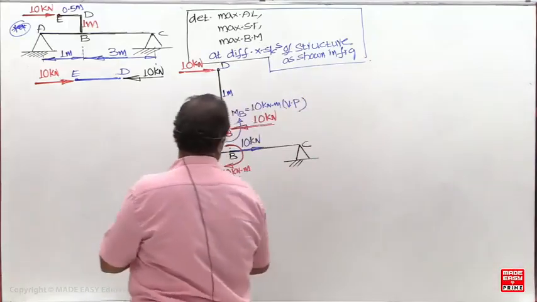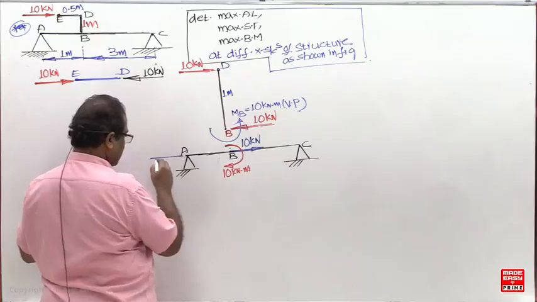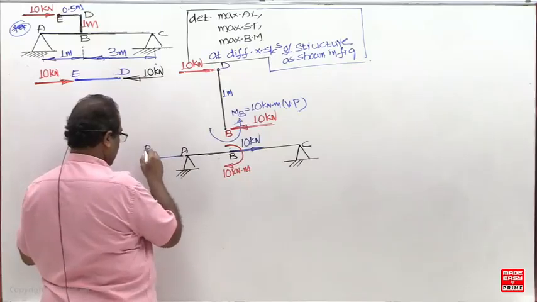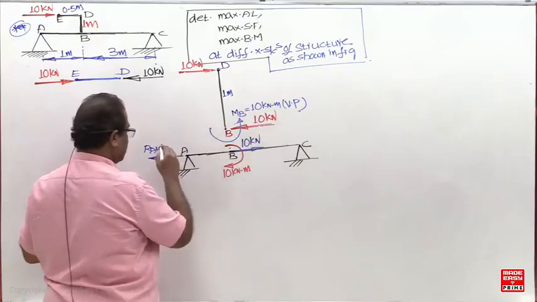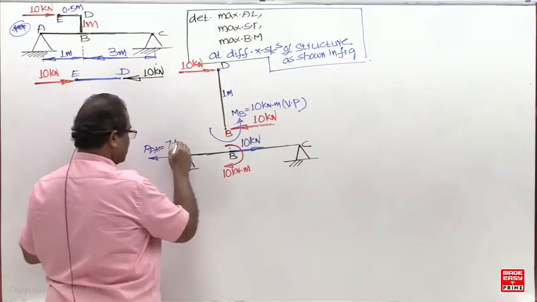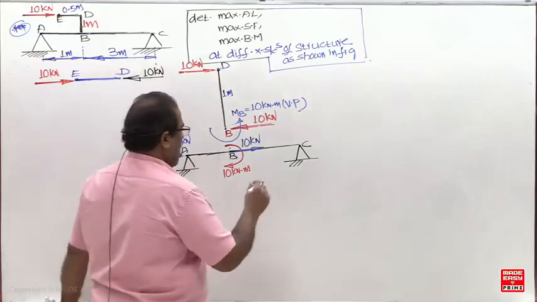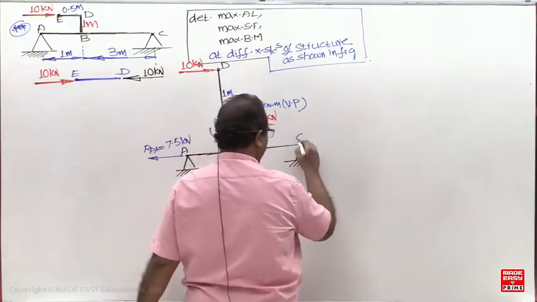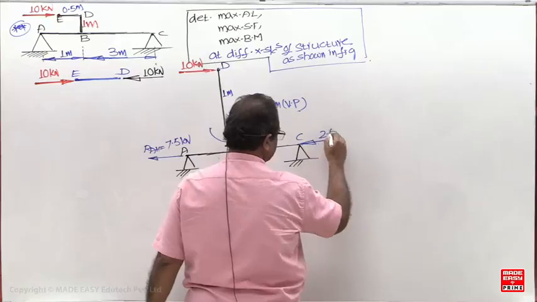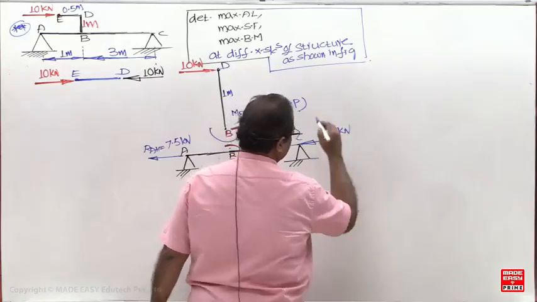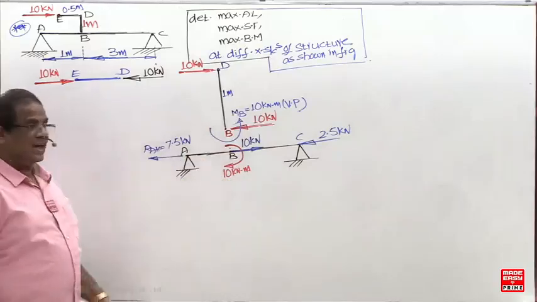Now what are the reactions here? Ten into the distance to the other end, 10 into 3, just now you completed it, 7.5. So these are the reactions due to the axial load. And due to the couple, what are the reactions now?